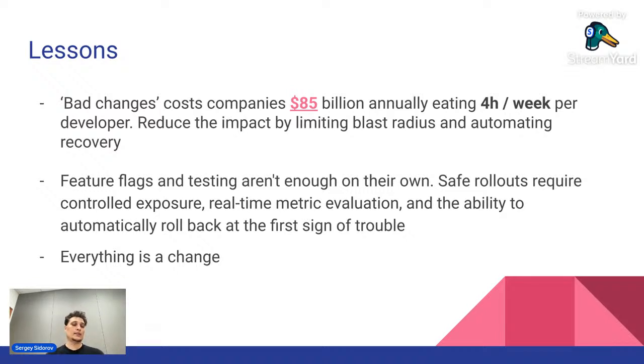And another thing is everything is a change. So ideally, we would like to have similar safety guardians for any type of change that exists in the company, including code changes, configuration changes, and other changes like ACLs, for example.